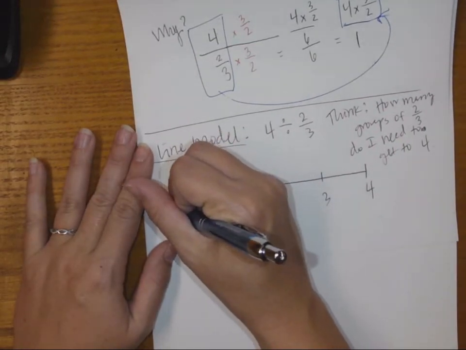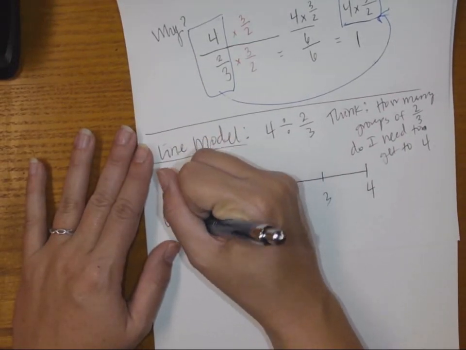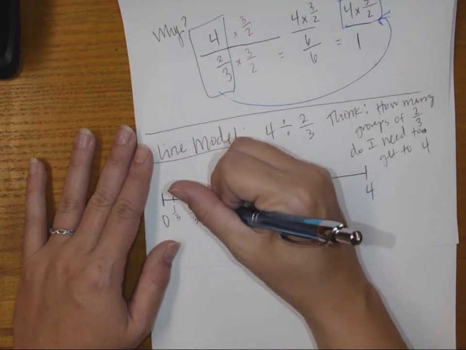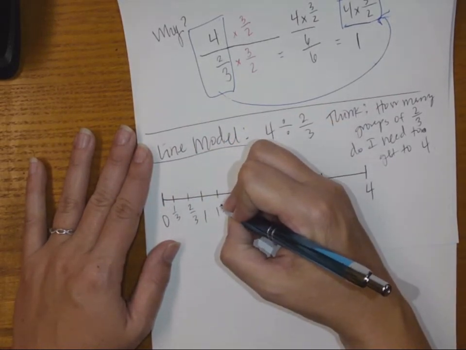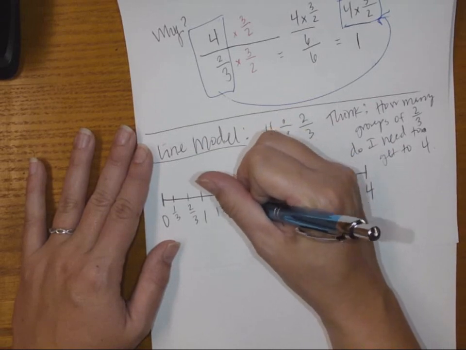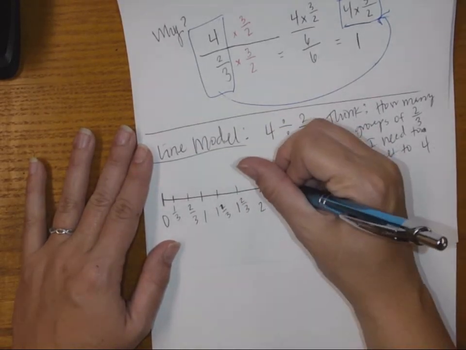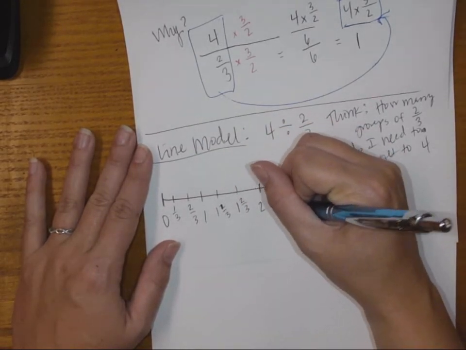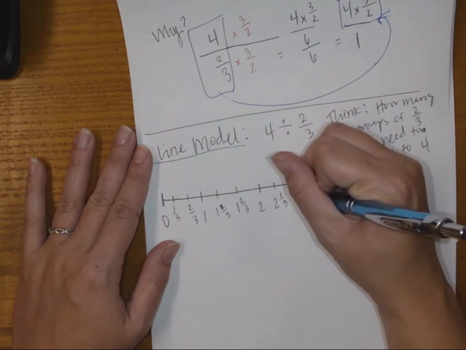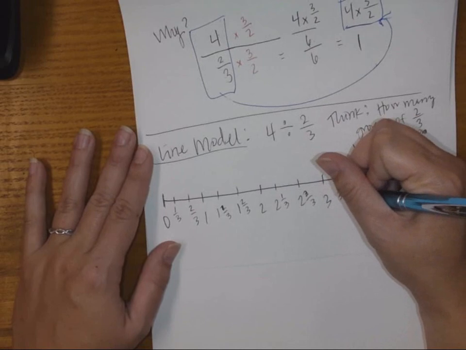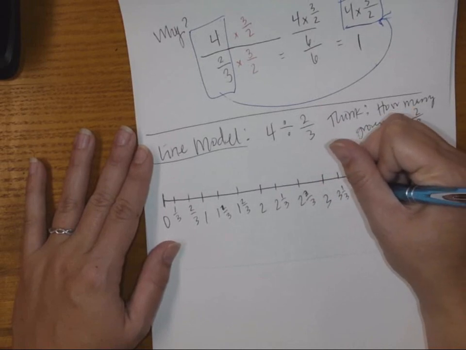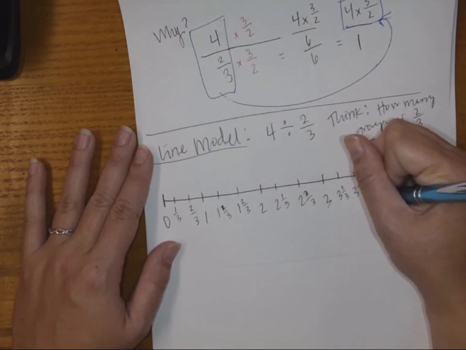So this would be 1/3, this would be 2/3, that would be a whole, 1 and 1/3, 1 and 2/3, 2, 2 and 1/3, 2 and 2/3, 3, 3 and 1/3, 3 and 2/3, and then 4.